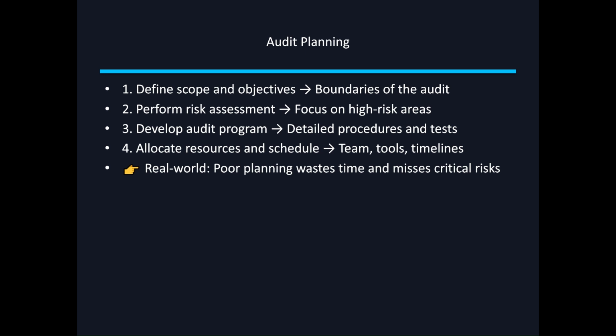Now comes the third part, which is developing an audit program. So when we say we need to develop an audit program, what comes to mind? Developing an audit program means listing out the detailed procedures on how the audit will be conducted and how the effectiveness will get tested. For example, let's say we want to audit change management.